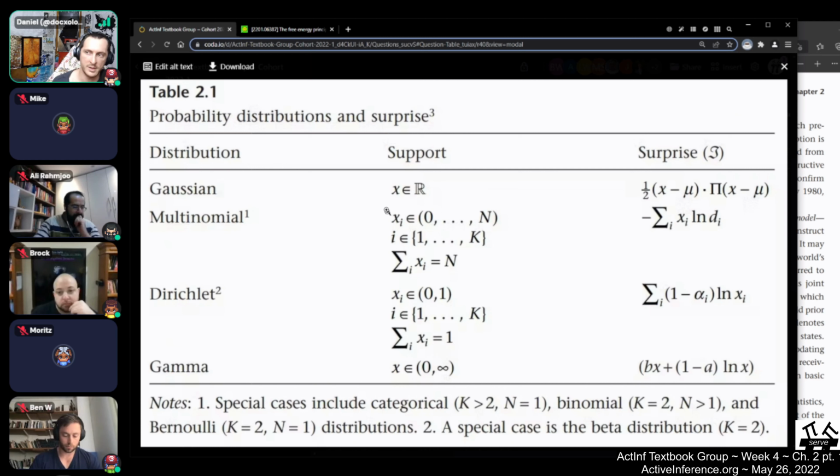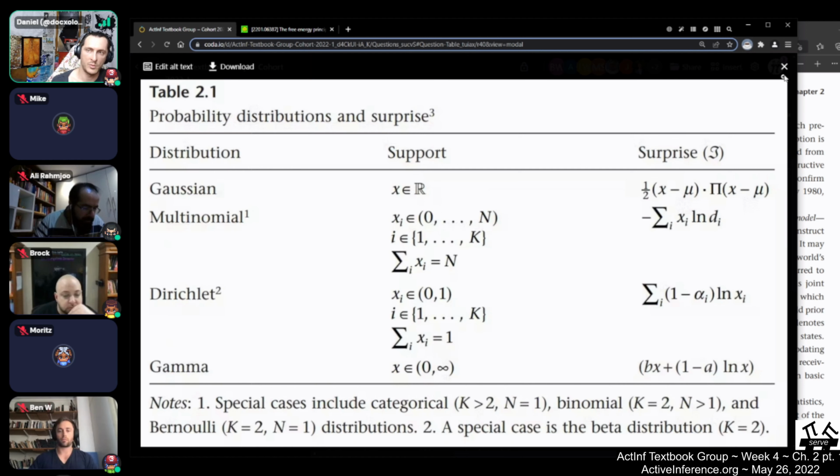Or if you were wanting something that could have positive or negative numbers of any size, the Gaussian is a good distribution. And then another relevant support difference would be the Dirichlet being defined only within the 0 to 1 interval, which helps connect it to probabilities. So the support is where that function, that distribution family, is defined.